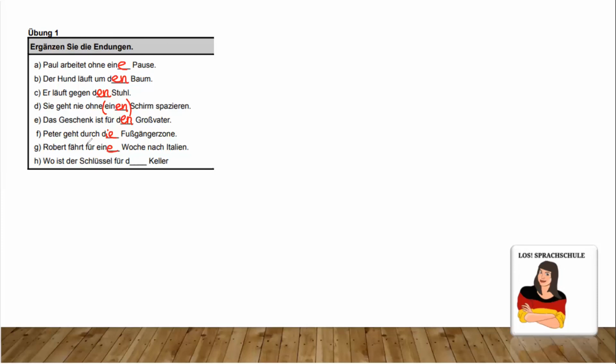Here you could also say it without a preposition. I don't want to confuse you, but this would mean Robert is in Italy a week. This is also possible. Wo ist der Schlüssel für den Keller? Where is the key for the basement?